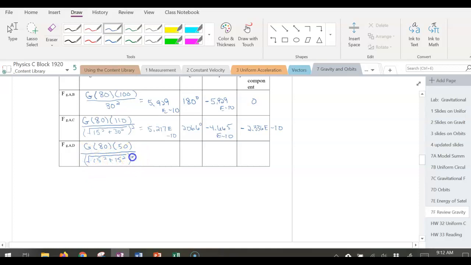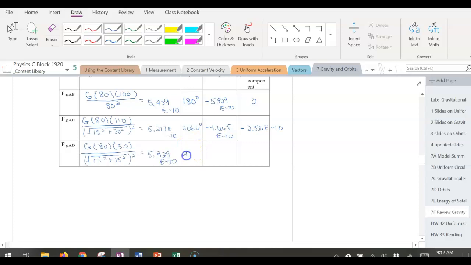And of course, then I want to square that. Okay. And so I get 5.929 e to the negative 10th.